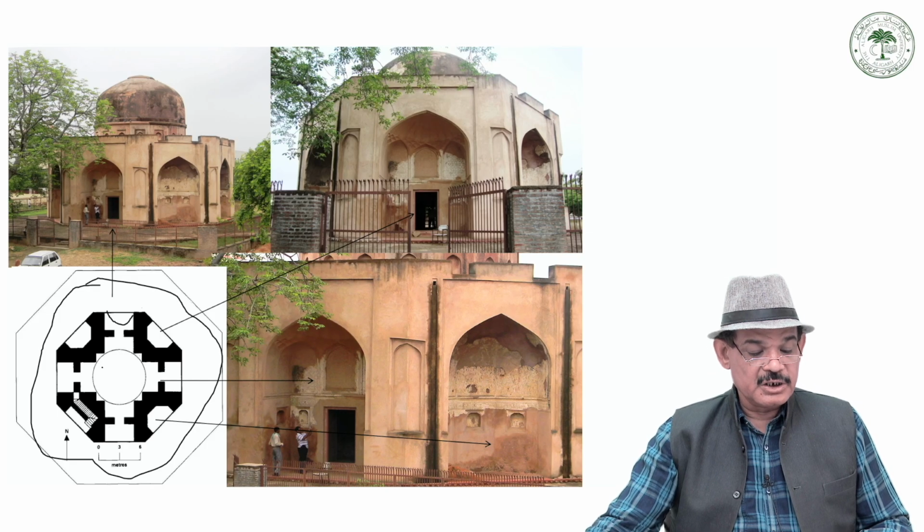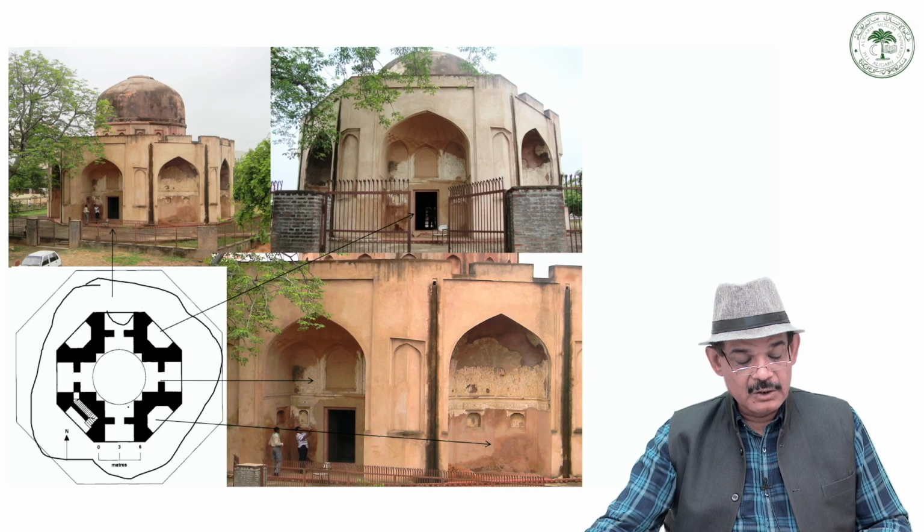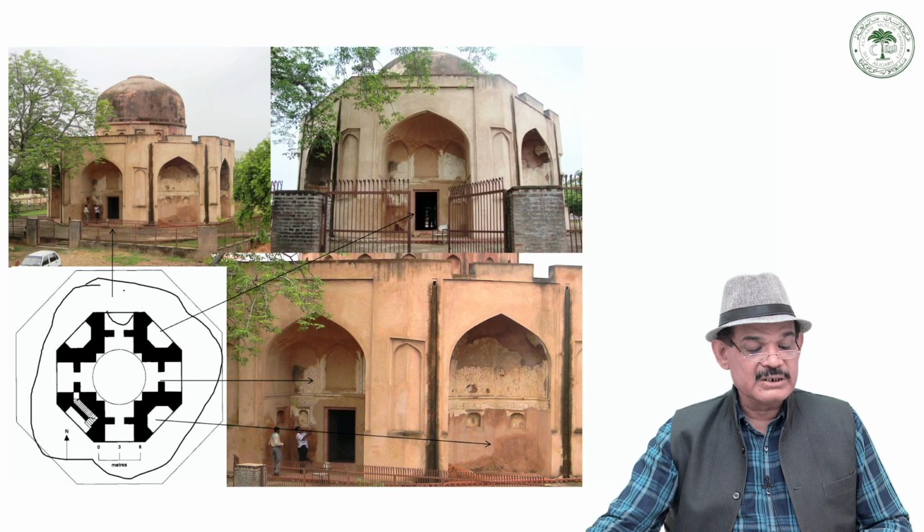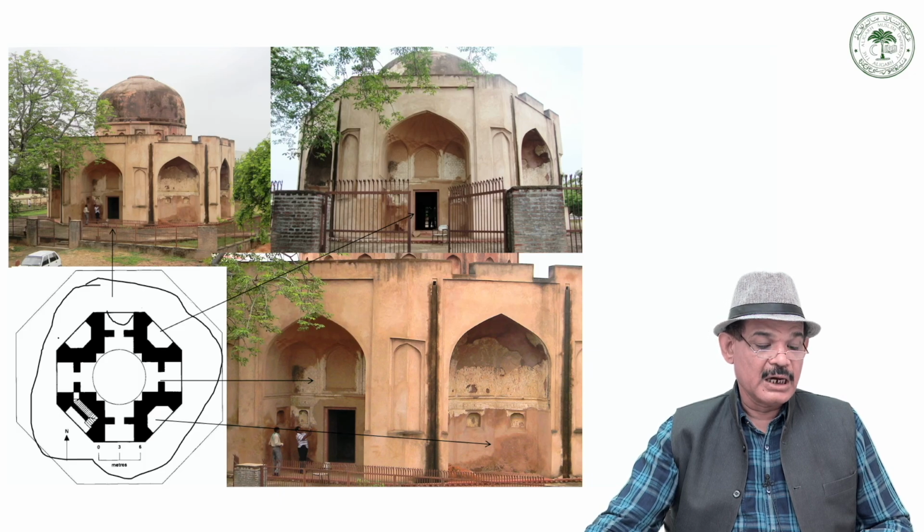This structure is composed of a central square chamber, surrounded at the cardinal points by alcoves, while on the outer side each side of the octagon contains an alcove-type arch, and these are big alcoves.